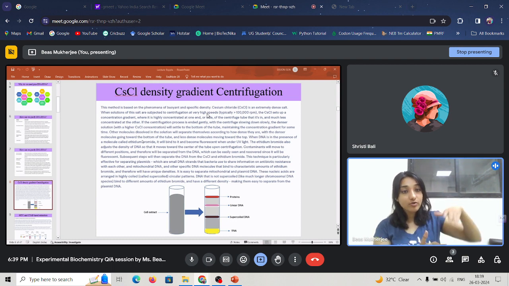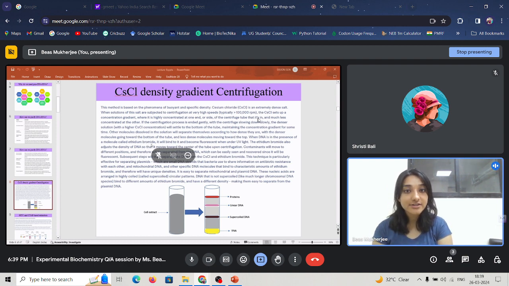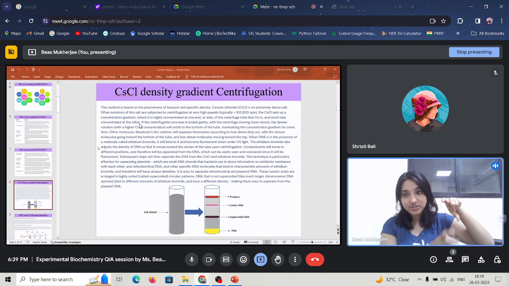It is highly concentrated at one end of the centrifuge tube and much less concentrated at the other end. So there is basically a gradient of concentration.